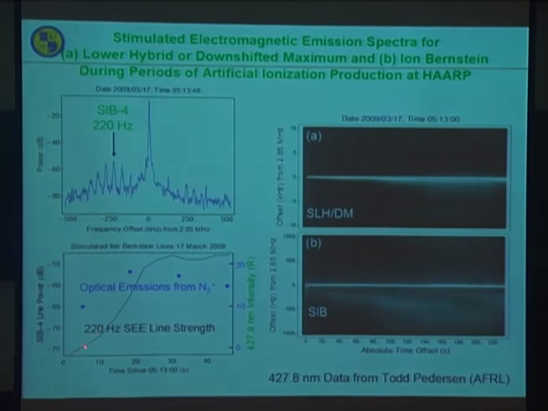What we have correlated is the optical emissions measured by Todd Pedersen on the ground from, say, N2+. And when you're measuring N2+ emissions, you are actually making more ions because there's no N2+ in the F region normally. So you're accelerating electrons, colliding with N2, making N2+, and making the 4278 emission from N2+. And then here is the strength of this 200 hertz offset from the pump.